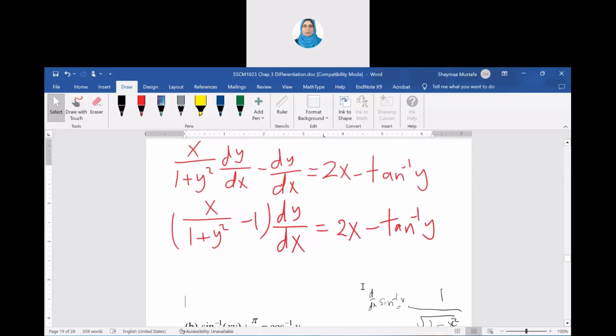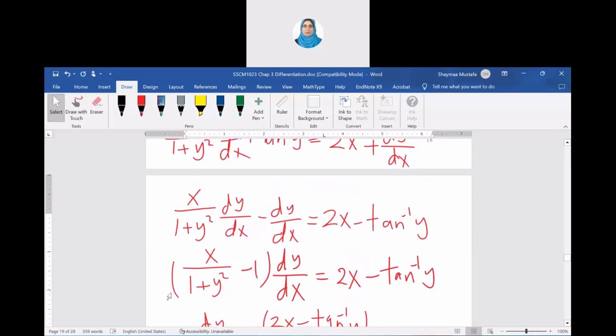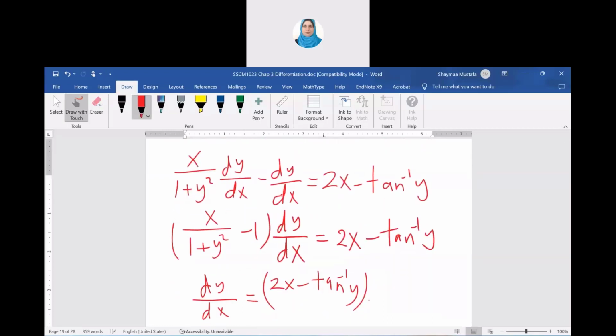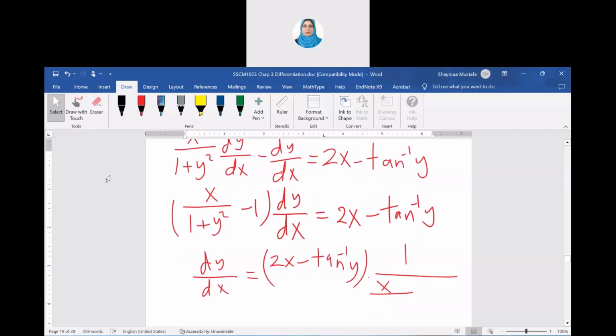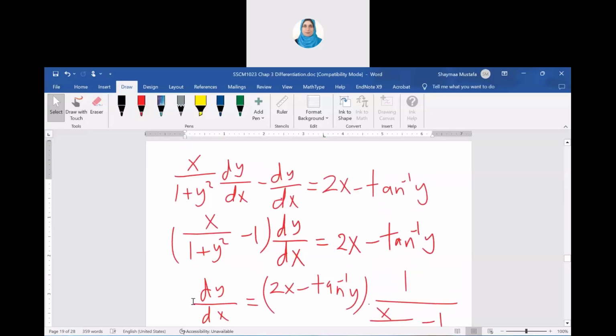And then you need to divide by this term, so dy over dx equals 2x minus tan inverse y, multiplied by 1 over 1 plus y squared minus 1, or divided by this term.